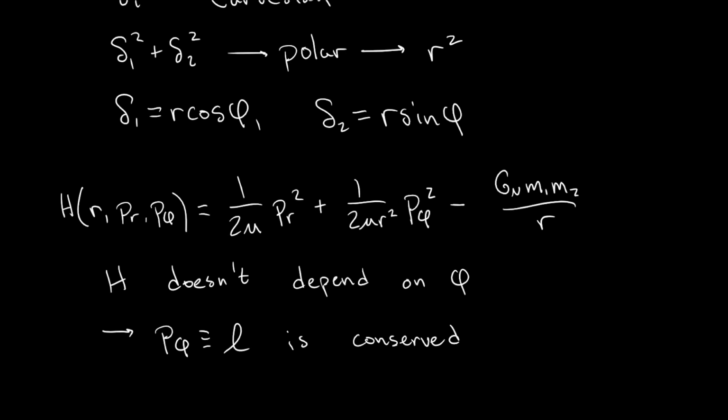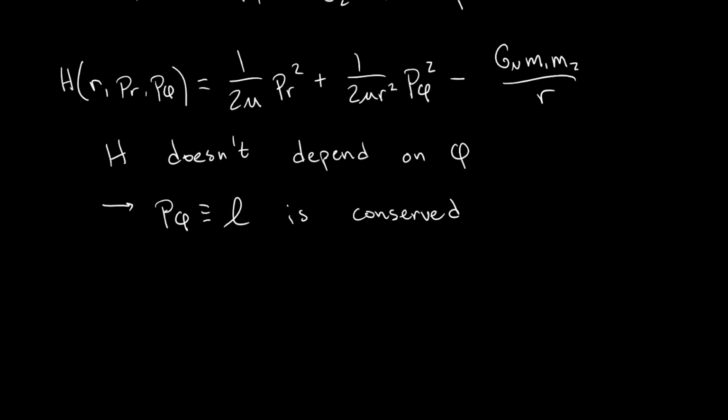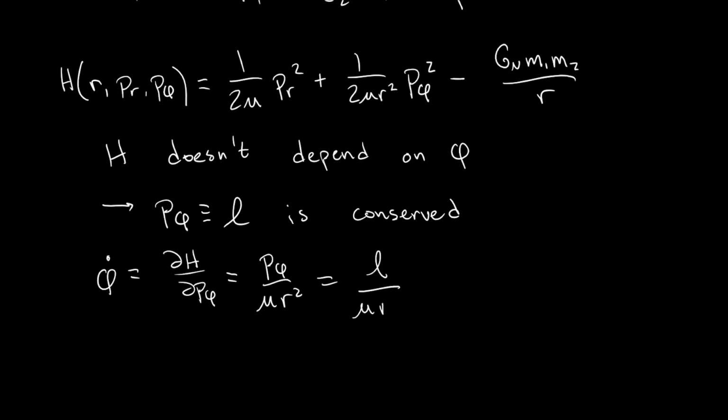And in particular, if I write down the equation of motion for phi, which is going to be dH dp_phi, this is going to be p_phi over mu r squared, which I'll write as L over mu r squared.